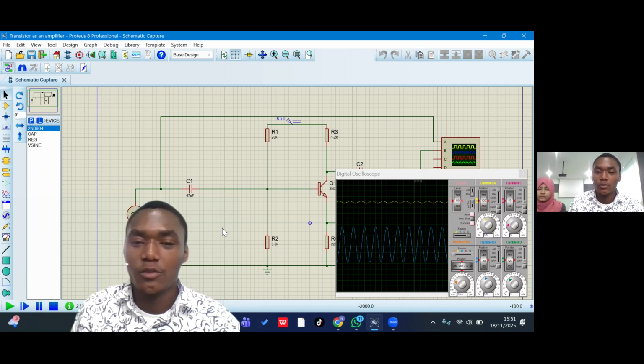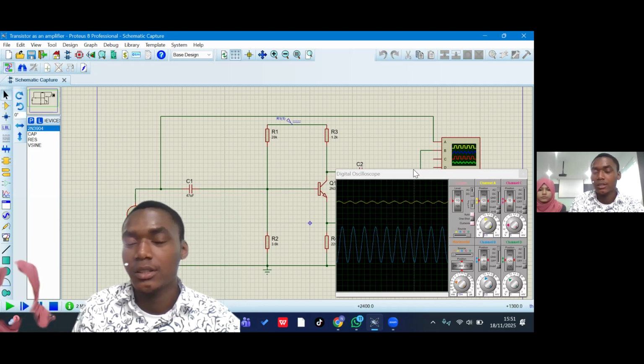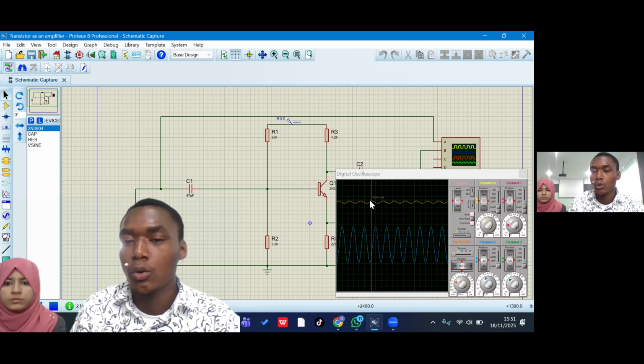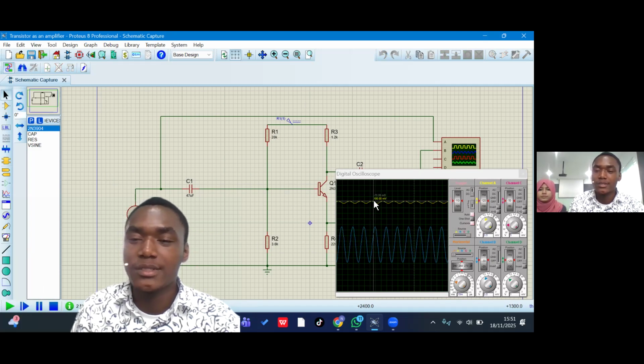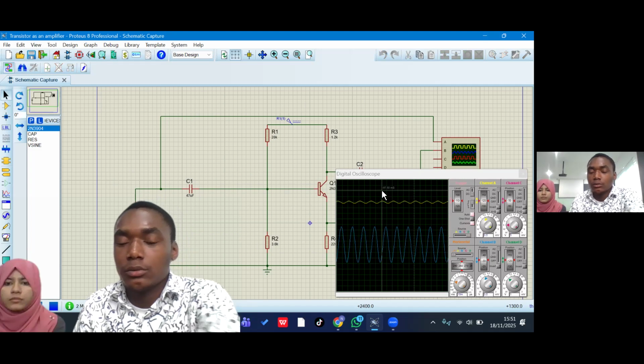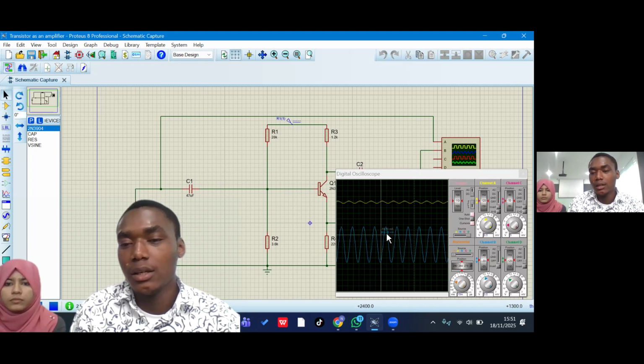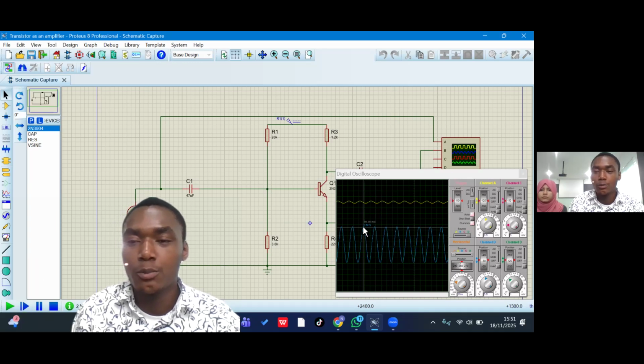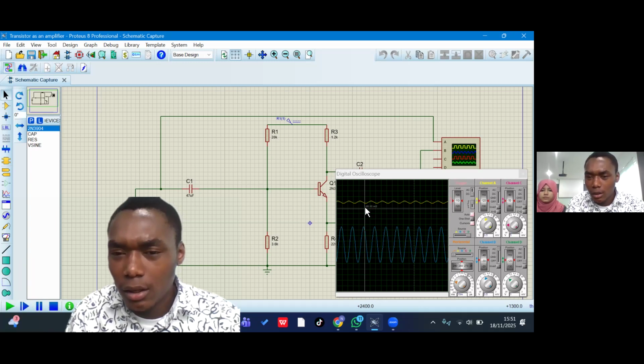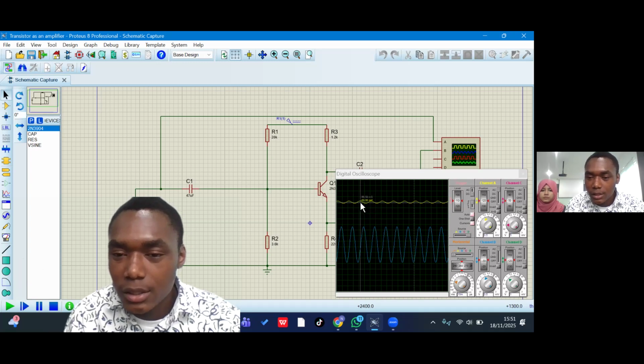Okay, everything is ready. As you can see, this one is the input signal. You can see the sine wave of it is weak, but this one, the blue one, is the output signal, which is the one that we have amplified. I don't know if you see it.